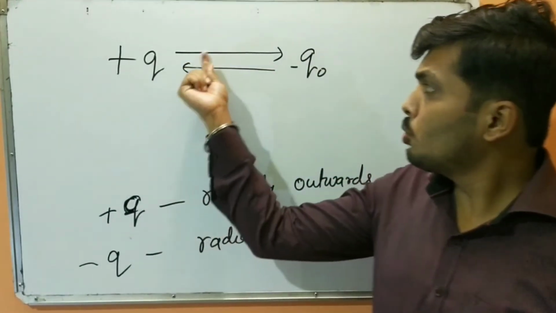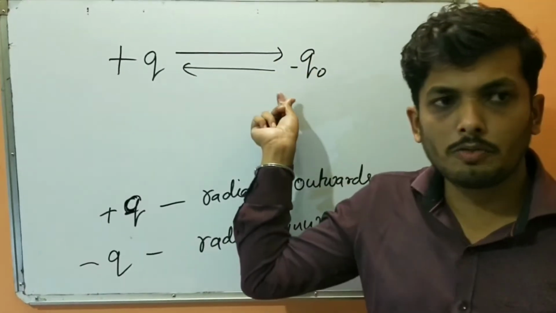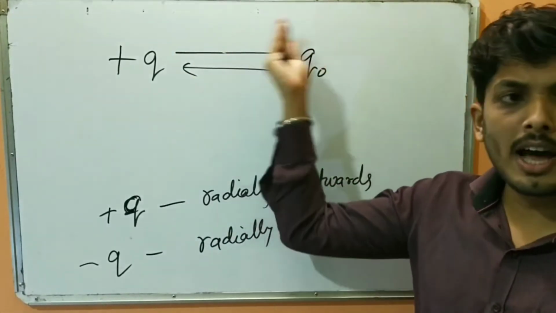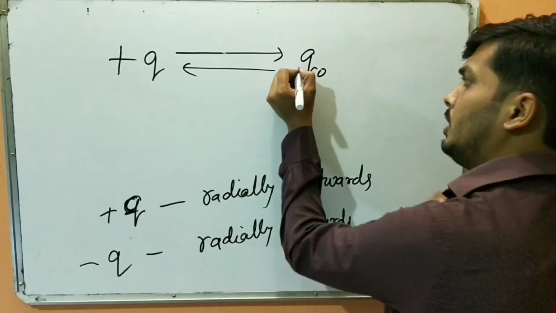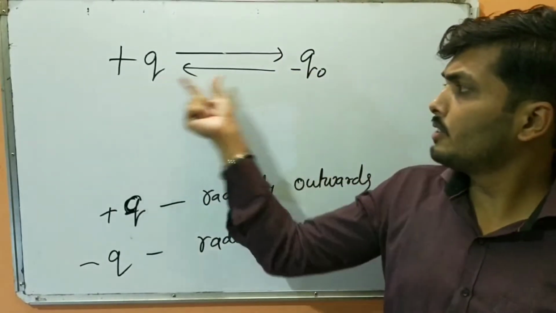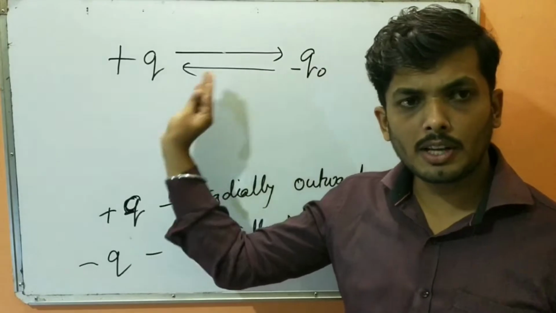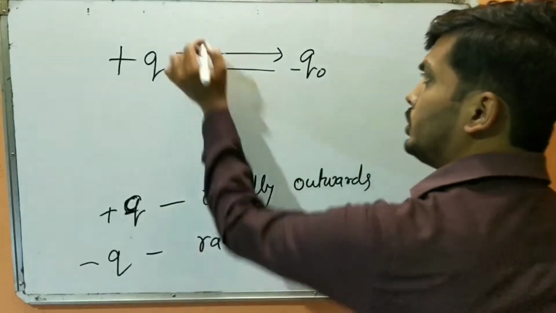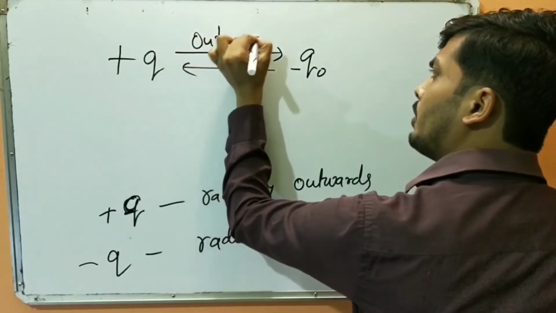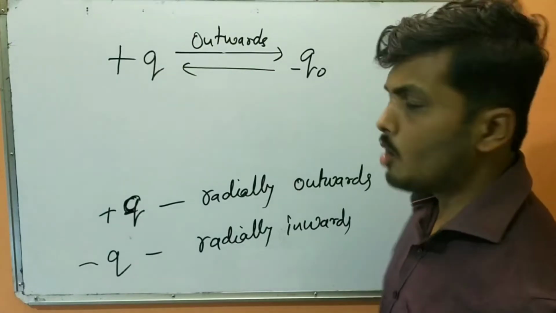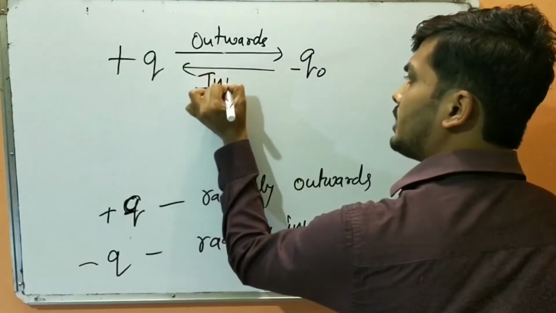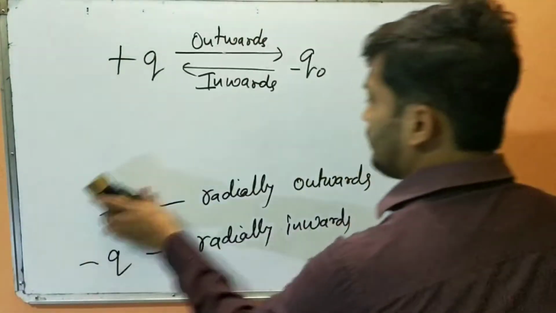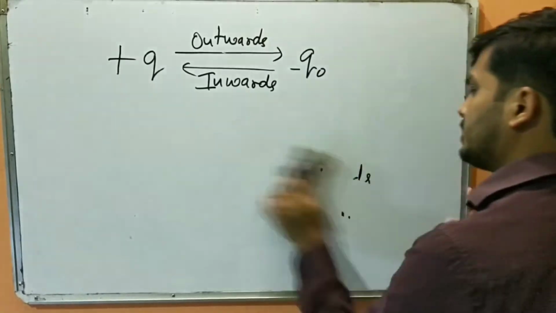Now look at this: two different situations depending upon the nature of the charges. Initially it was positive, so these electric field lines were directed outwards, and if it becomes negative, then Coulomb's electrostatic force of attraction comes into play and this charge will be pulled radially inwards. So for a positive charge, electric field lines will always be directed radially outwards, and for a negative charge they will always be directed radially inwards.